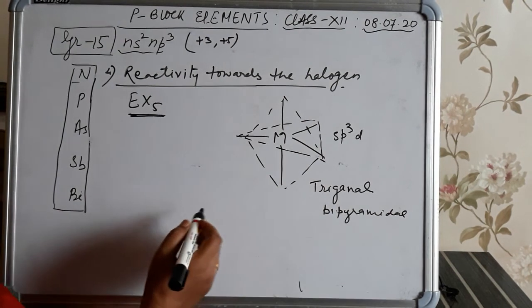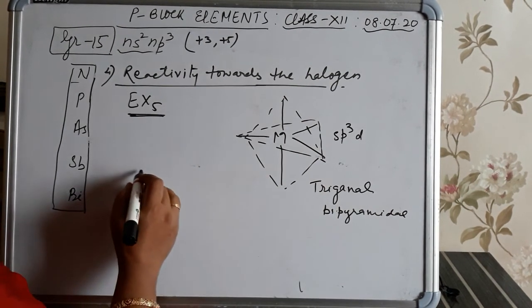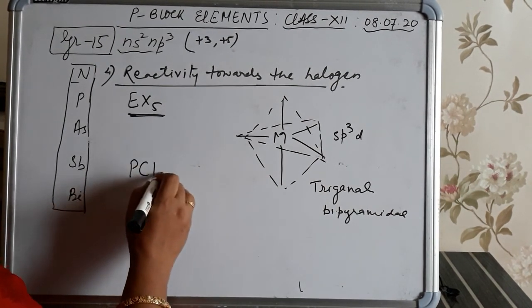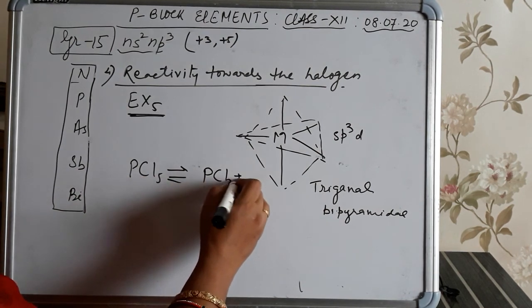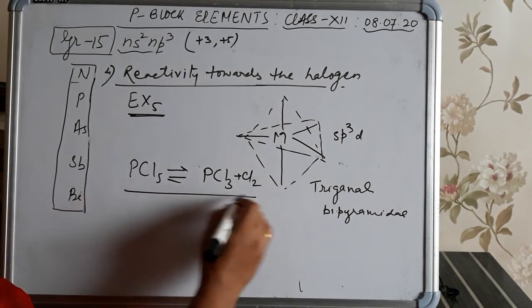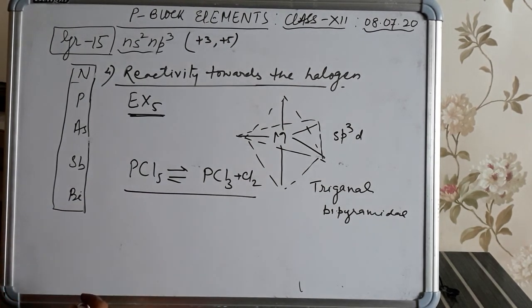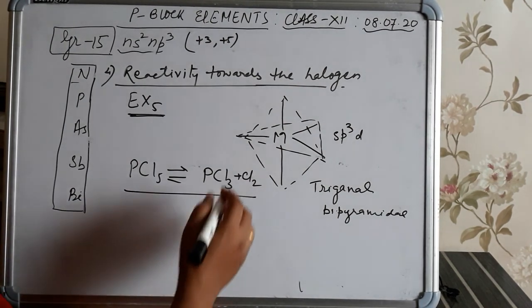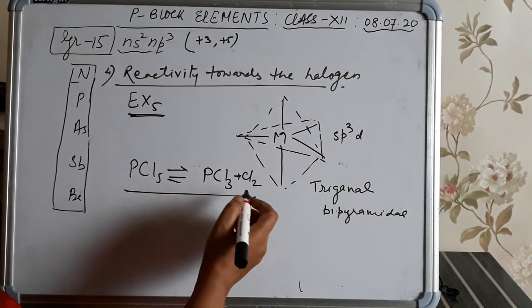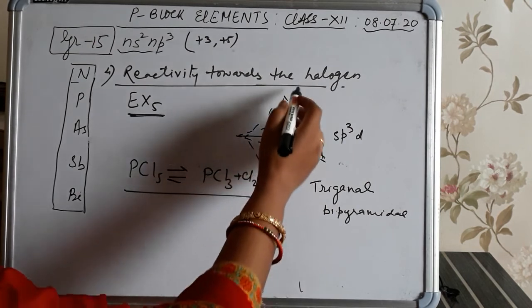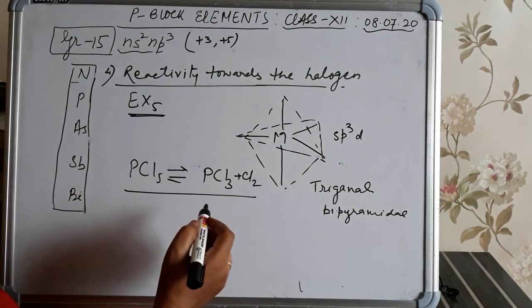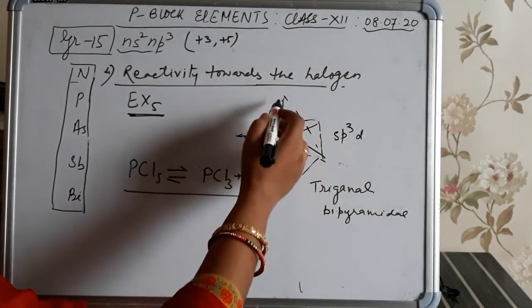It is easily decomposed to PCl3. For example, PCl5 quickly decomposes to PCl3 and chlorine due to the difference in bond length and angle. The axial and equatorial bond lengths differ.